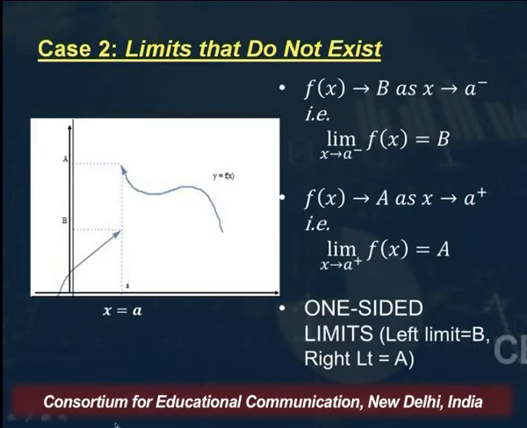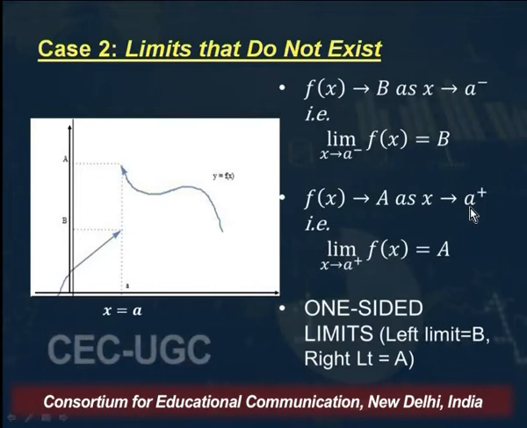When I say x approaches a minus, that means x approaches a from values of x less than a. When I write x approaches a plus, it means x approaches a from values larger than a.